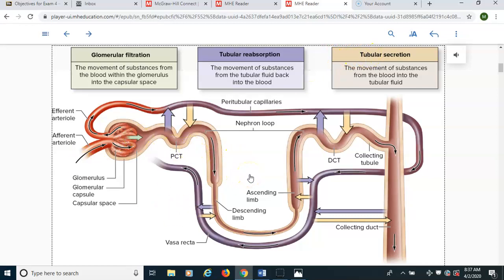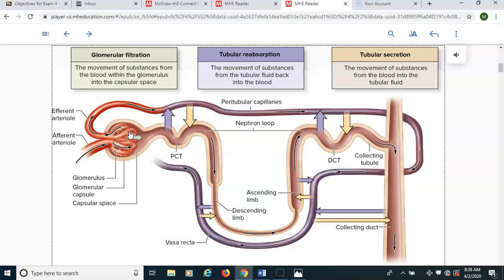nephron to make urine. Remember, the blood is going to come in through the afferent arteriole into the glomerulus. So this is the beginning of the processes. The first thing that happens to the blood is called glomerular filtration, and that's where components of the blood are filtered through that filtration membrane we just talked about, which includes the wall of the glomerular capillary and the podocytes' little filtration slits.